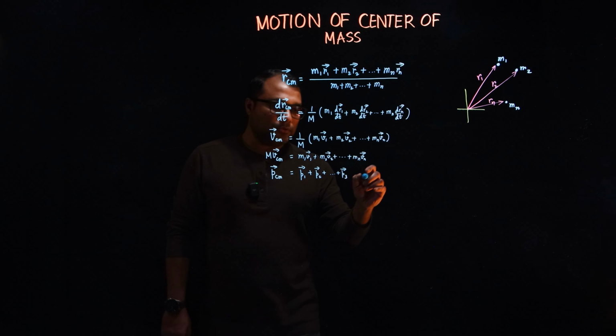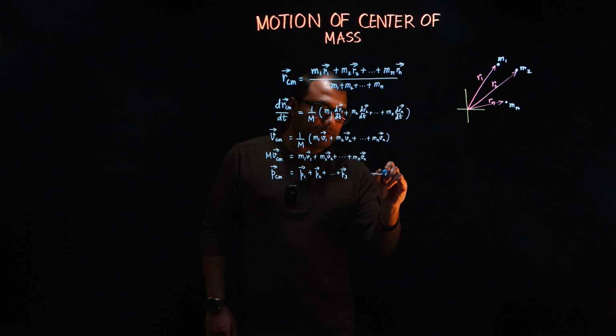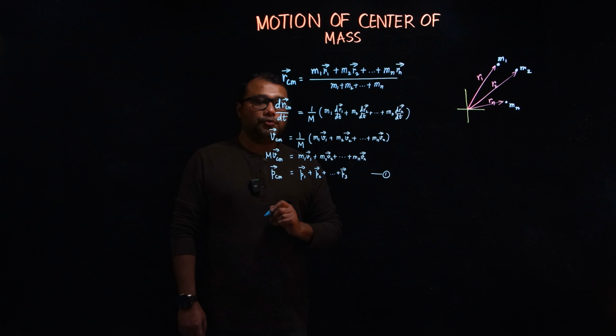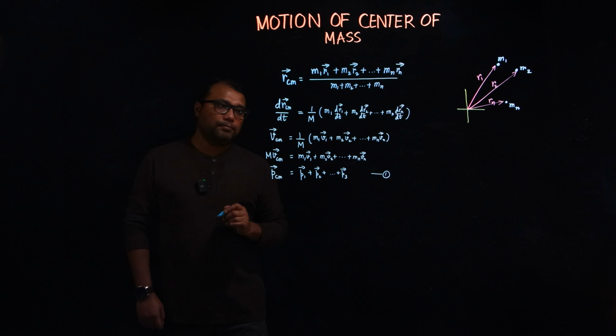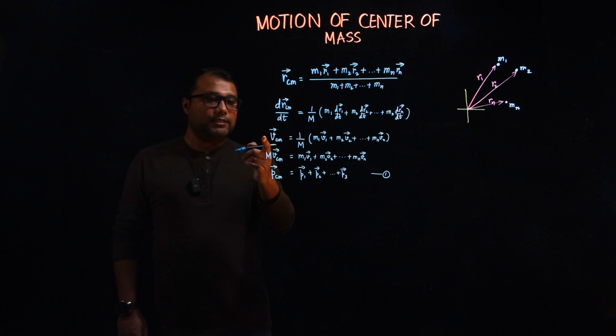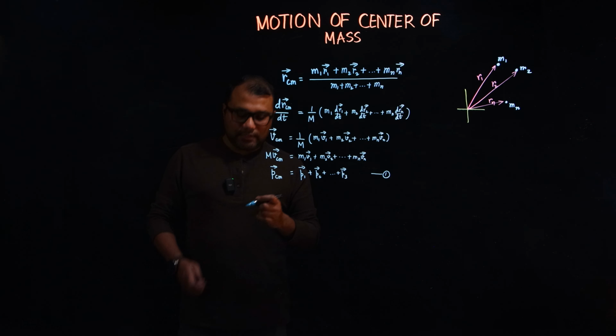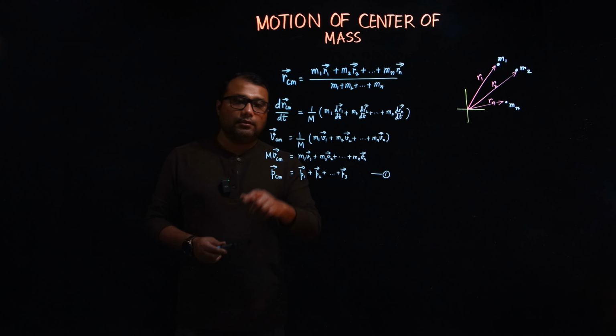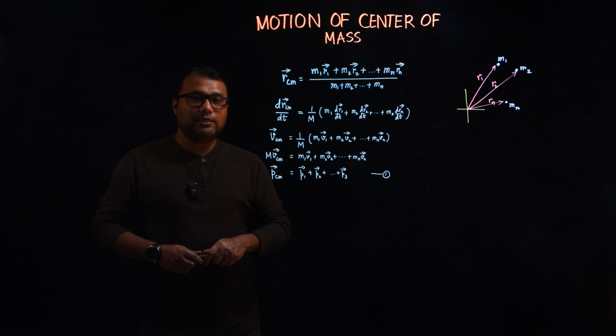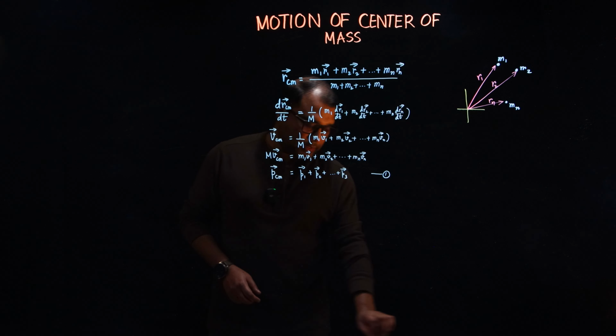But let me mark this as equation 1, okay. Now let us go back to this. Let us differentiate this equation both sides with respect to time one more time.